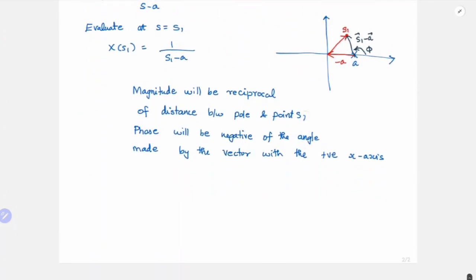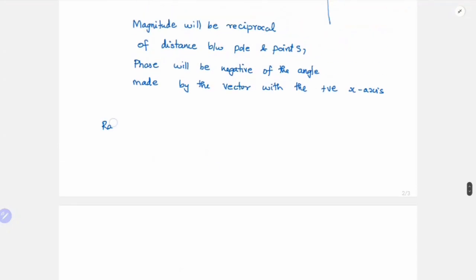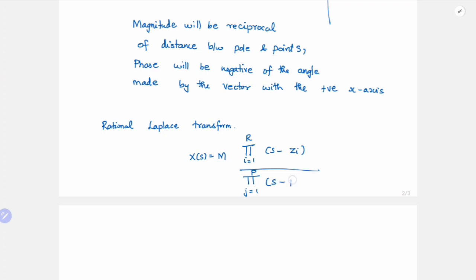So now for a general rational Laplace transform, what do we have? We'll have a signal like this, given by X of s equal to some magnitude M, and we'll have the product of zeros in the numerator, i equal to 1, 2, okay, I'll put some other, s minus beta i, and poles in the denominator, j equal to 1 to p, s minus p j.